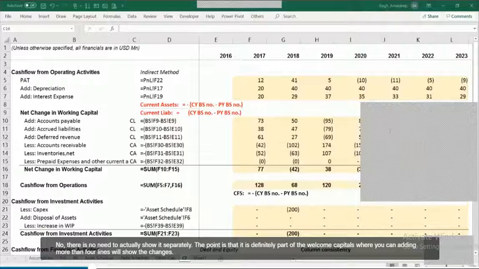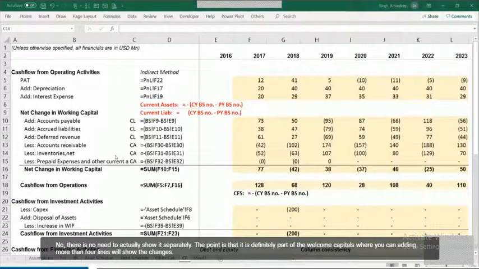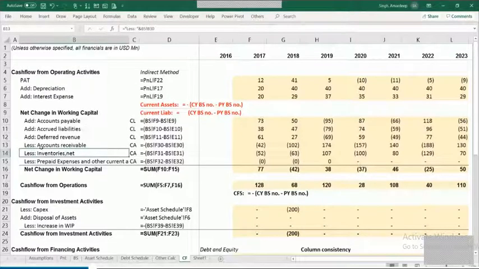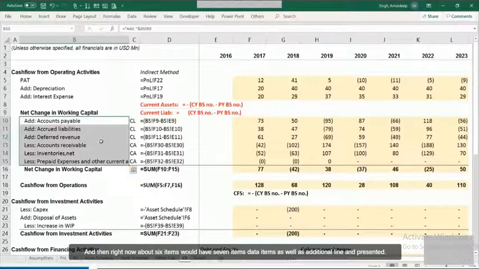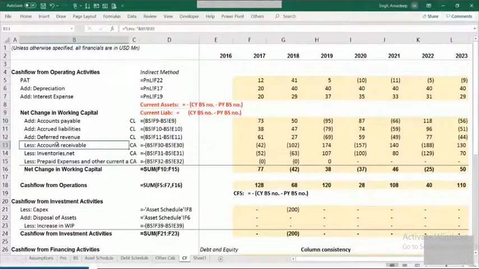It is definitely part of the working capital, so you can keep adding more lines over here and show the changes in the tax. Don't club everything together. I wouldn't say take the overall current assets and overall current liabilities and combine everything in one single line. You could put that heading, and right now I've got 6 items, but you could have 7 items, 8 items as well. Add that additional line and present it accordingly. Thank you.